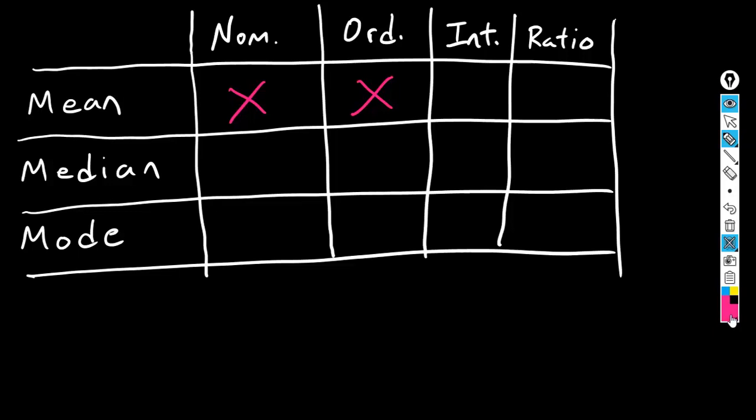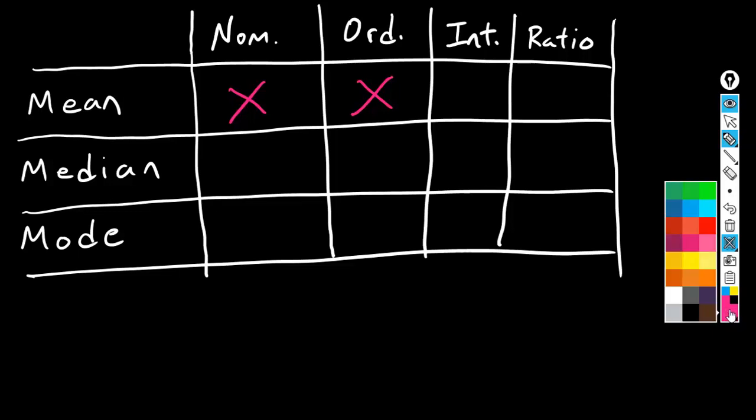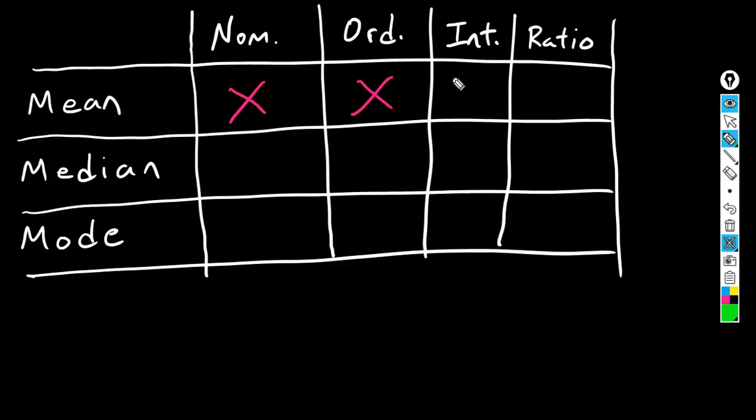Then we move on to interval. Interval is quantitative, we've got numbers with it, and we can calculate means for interval data. One of the big examples of interval scale data was temperature, and people calculate average temperatures all the time, so we can definitely do that.